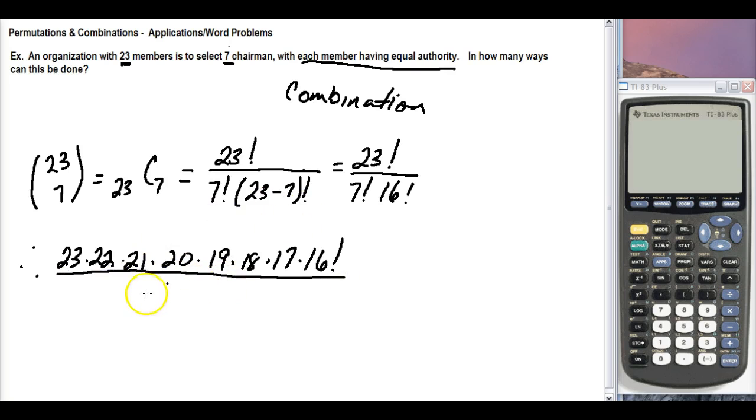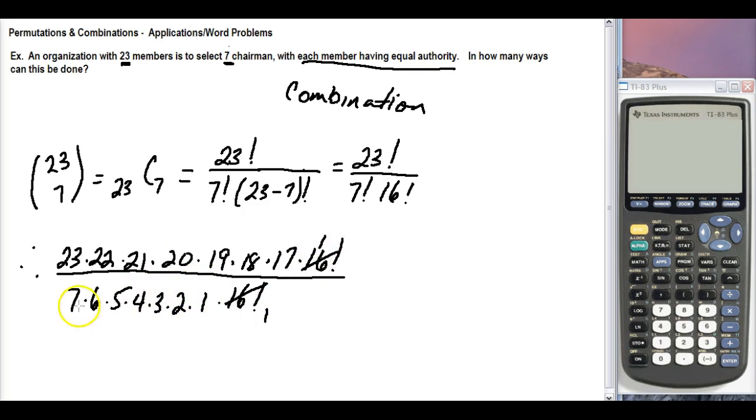And so we will have our 16 factorial here in the denominator. And I'm going to go ahead and write out the 7 factorial as 7 times 6 times 5 times 4 times 3 times 2 times 1. Okay? So here our 16 factorials reduce to 1.